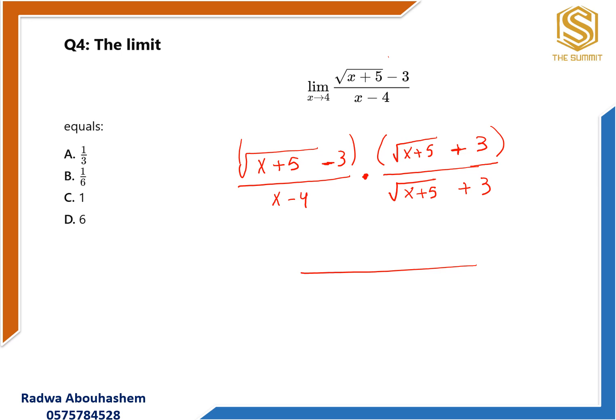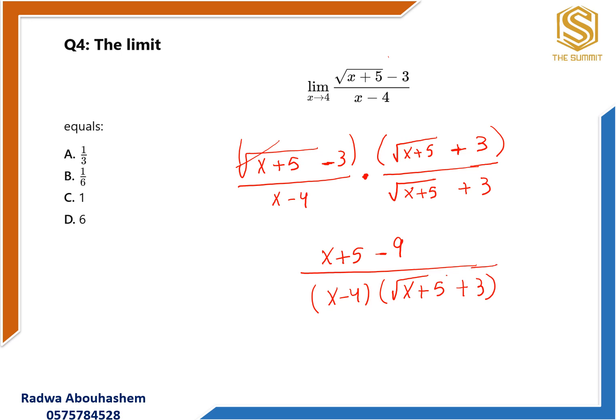Now, root x plus 5 squared. This means you're going to cancel the radical, so it would be x plus 5. And negative 3 squared is minus 9. Here, it would be x minus 4 multiplied by root x plus 5 plus 3.